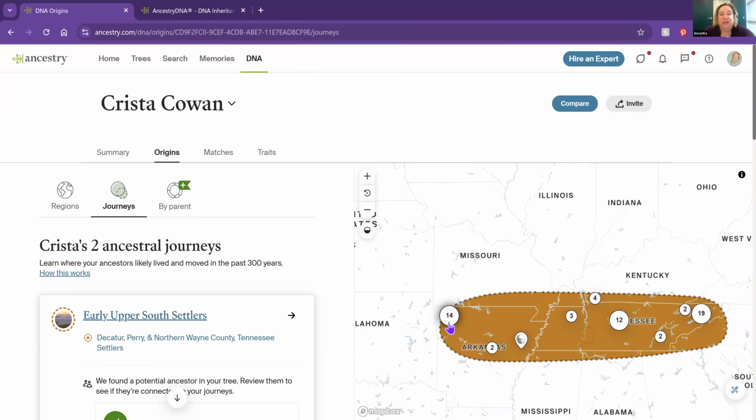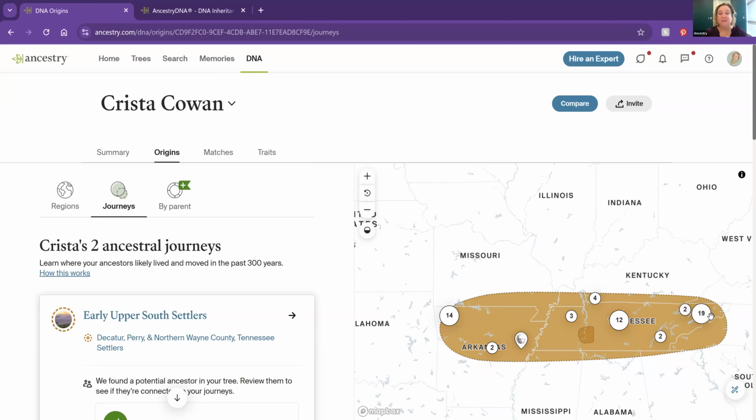Now, if I knew nothing about my family history, the fact that I now have a clue that I am connected to this specific place within the last 300 years is really exciting to me. The fact that I do know a lot about my family history and that I know that this is the exact migration path that my family took somehow is even more exciting to me, because it means the DNA is proving what I already know about my family history.